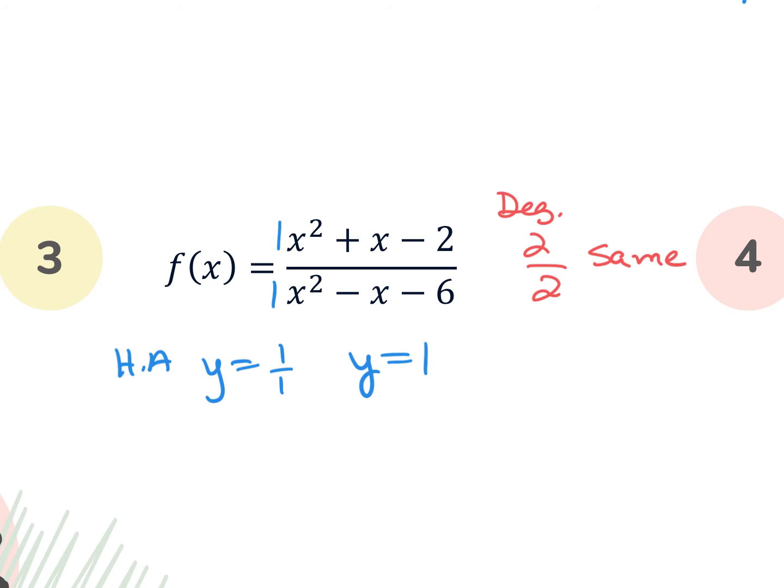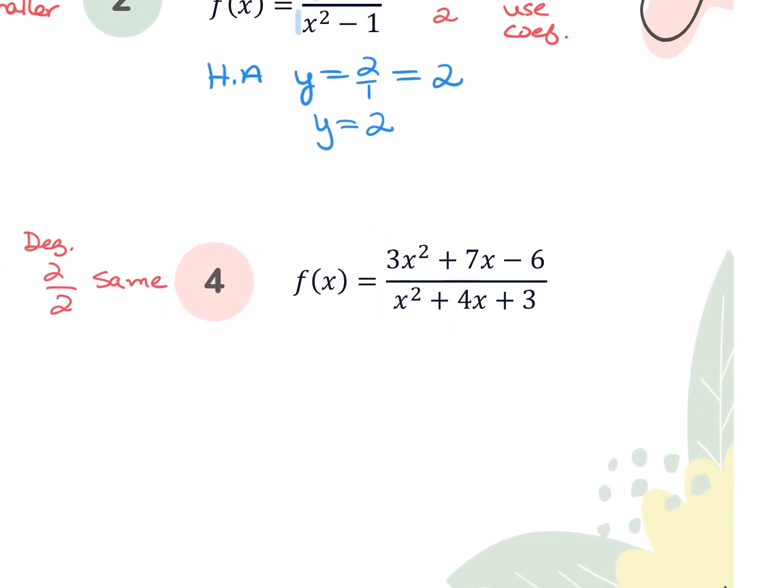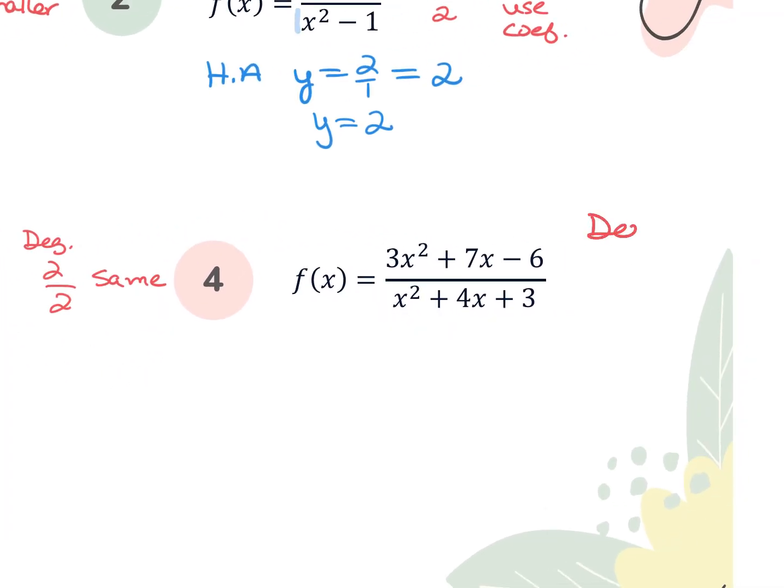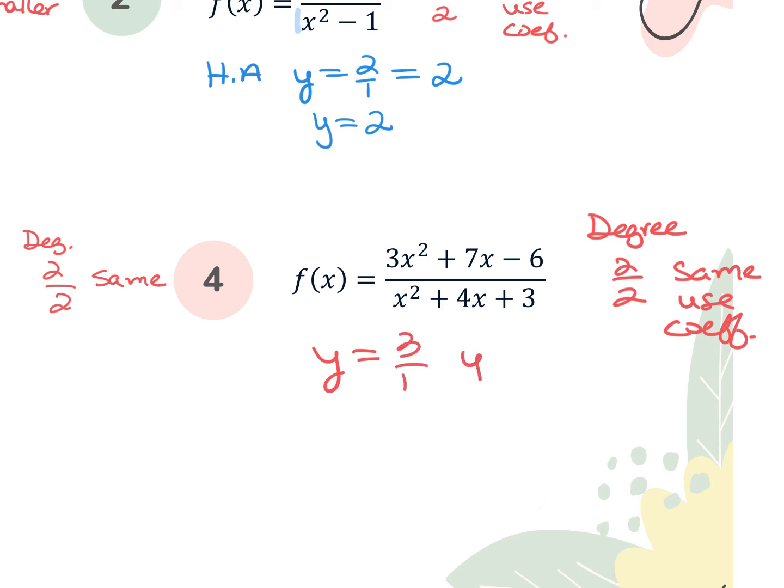Last one, same thing. The degrees are the same, 2 over 2. I'm using the coefficients. So y equals 3 over 1, which is y equals 3. So those are all the horizontals.